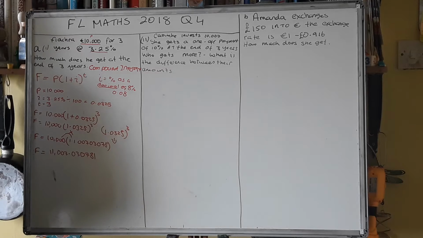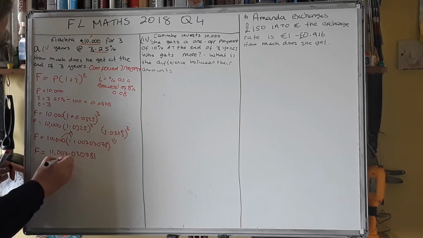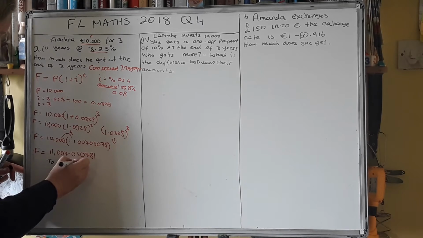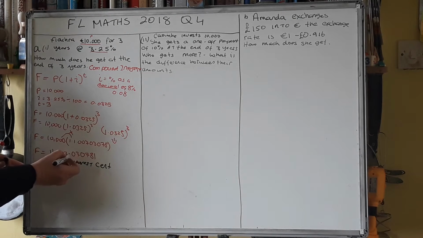To get it to the nearest cent, you look at the first two numbers after the decimal point, 0, 3. That's where you want to stop. Now look at the number after the line.